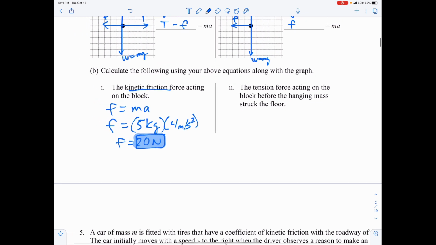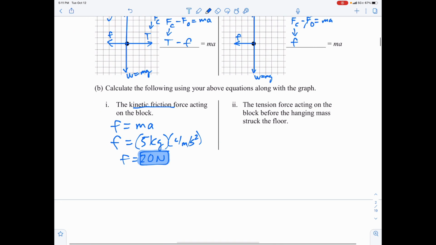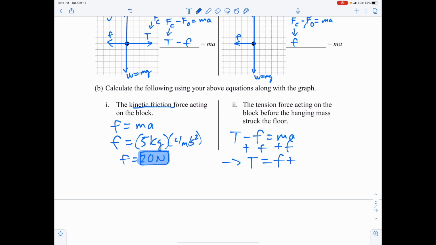Now, for part B2, to find the tension force, that's where we're using the other equation. The other one is T minus friction equals ma. And to find tension, I'm simply going to add friction to both sides. So tension is equal to friction plus ma.